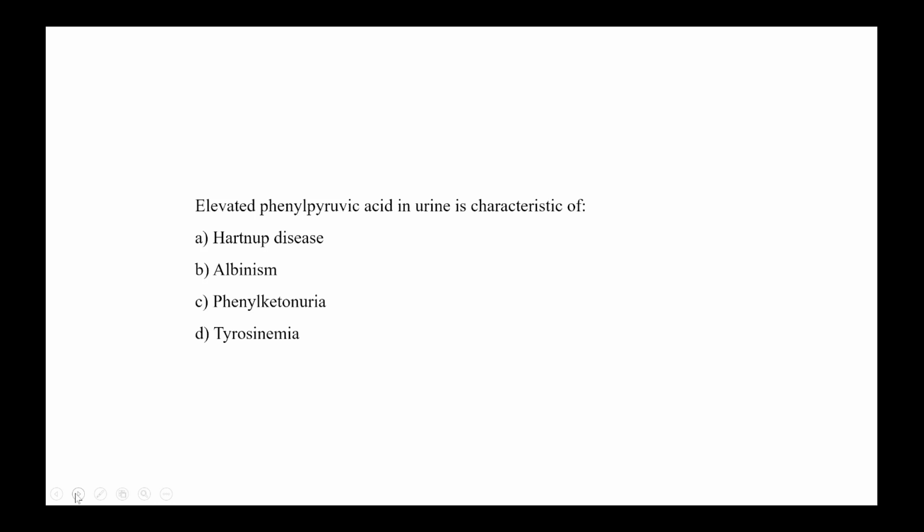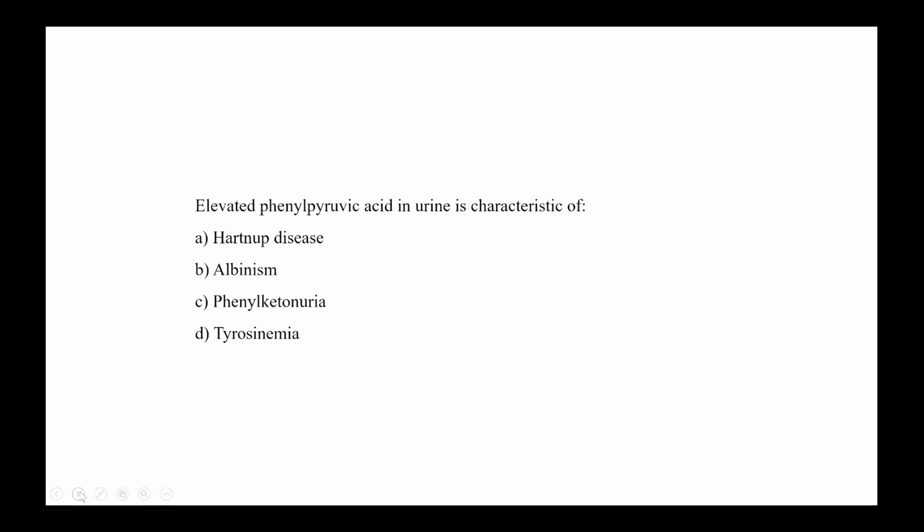Elevated phenylpyruvic acid in urine is characteristic of option A, Hartnup disease, option B, albinism, option C, phenylketonuria, and option D, tyrosinemia. We are saying option C. We have already discussed this.